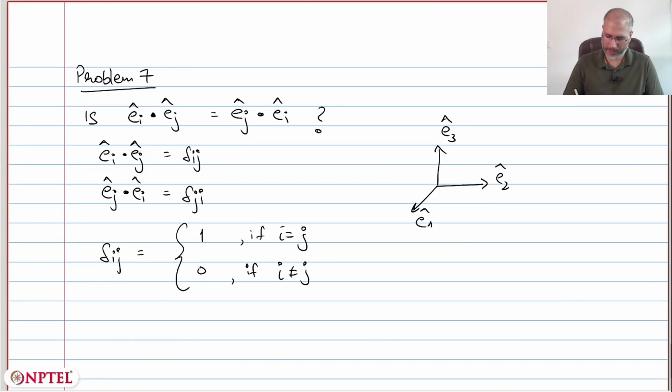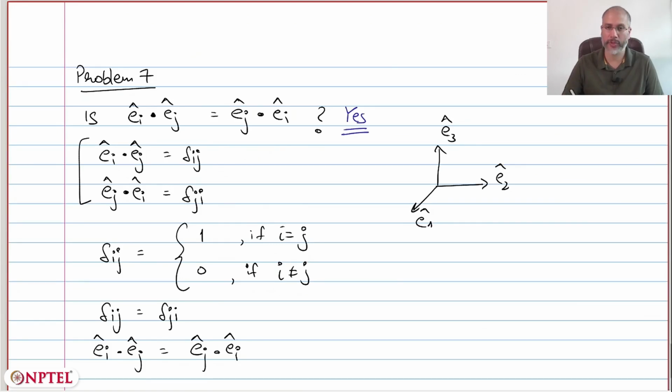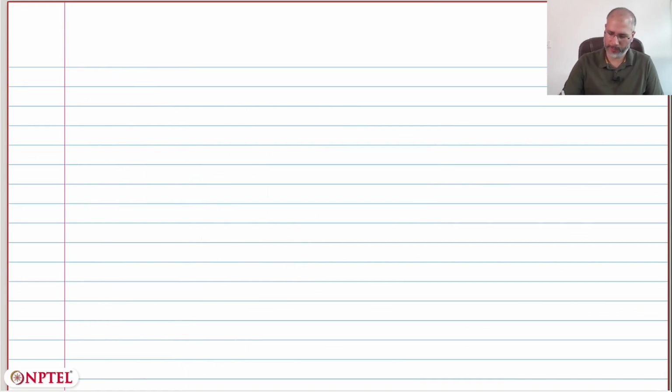So delta ij is equal to delta ji, and by that logic, using these two expressions that we have written, we can see that ei dot ej is the same as ej dot ei. So the answer to this problem is yes. So let's move on to the next problem.